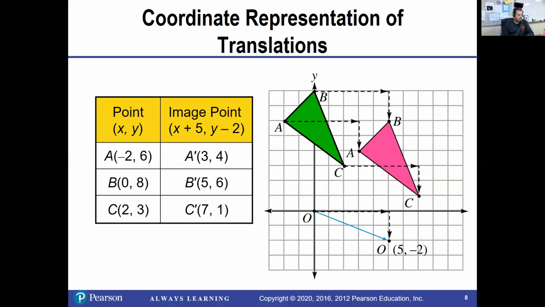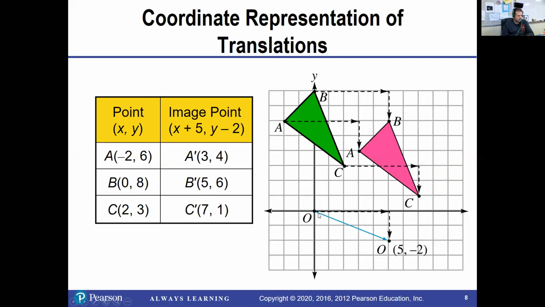So how do I show the coordinates on a translation? Point A here is at (-2, 6), B is at (0, 8), and C is at (2, 3). We want to move them using a coordinate system, which gives you a coordinate rule with a plus or minus. It says we add 5 to the x value and subtract 2 from the y value.